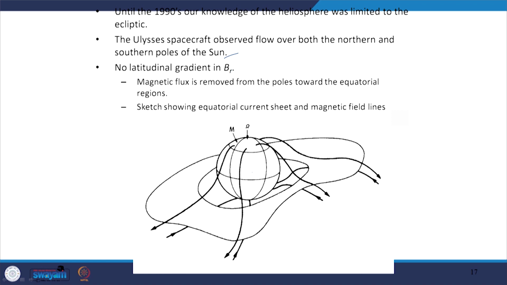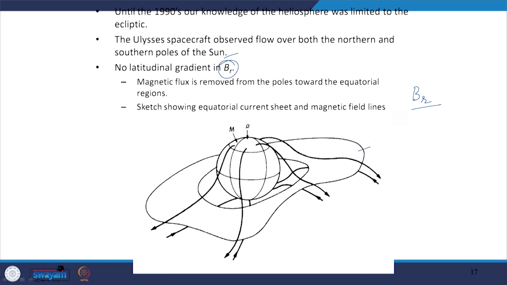But what has been observed is that there is no latitudinal gradient in the radial magnetic field BR. So, the magnetic flux is removed from the poles towards the equatorial regions. This sketch shows the equatorial current sheet and the magnetic field lines.